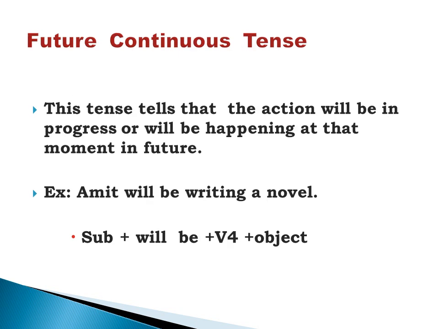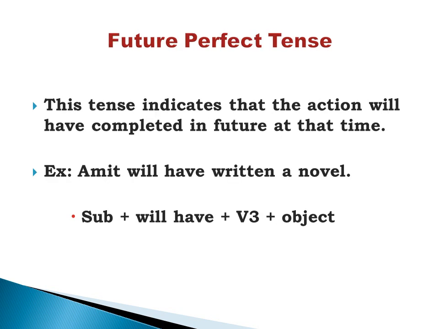This tense tells that the action will be in progress or will be happening at that moment in future. Amit will be writing a novel. Subject, will be, ing form of the verb V4 and then the object.